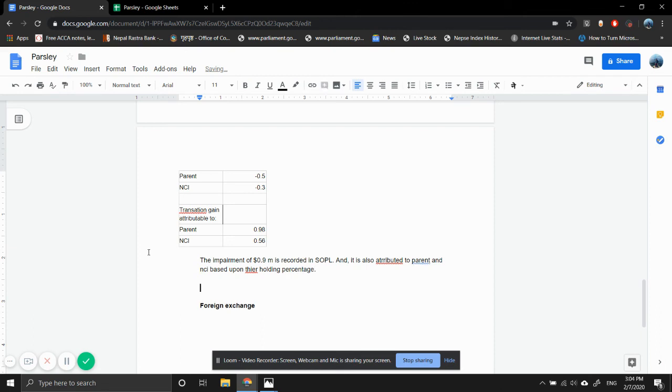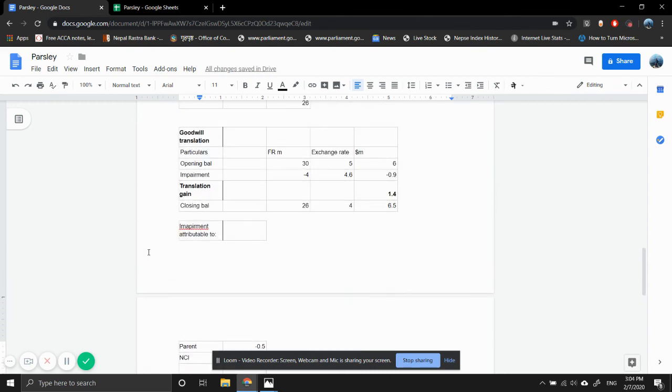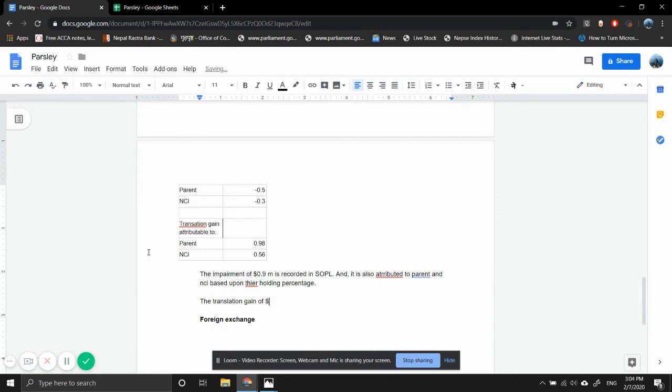Okay, the translation gain, how much was the translation gain? 1.4. The 1.4 will be recorded in other comprehensive income.